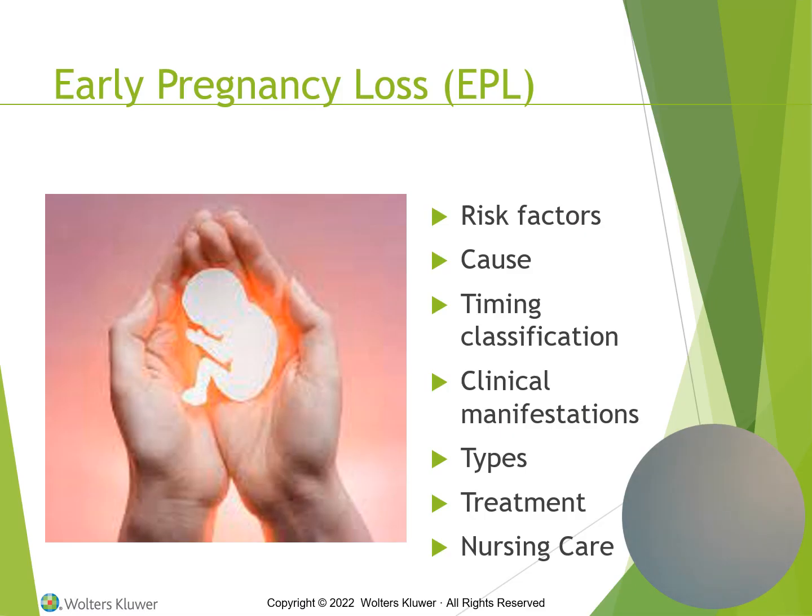Now, we talk about early pregnancy loss because this is something that we do unfortunately see. It is the most common complication of pregnancy. We have spontaneous abortion, also known as miscarriage, which is a loss of the pregnancy before the fetus is able to survive outside the uterus on its own, or 20 weeks.